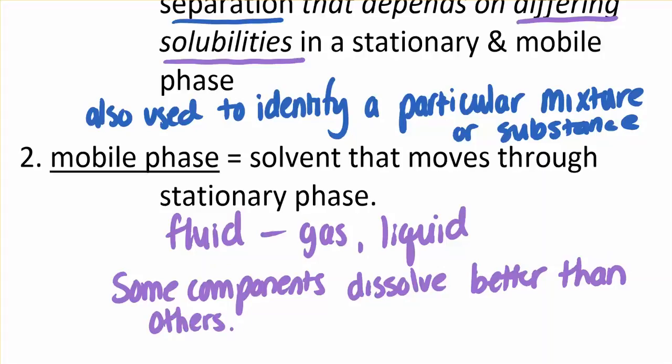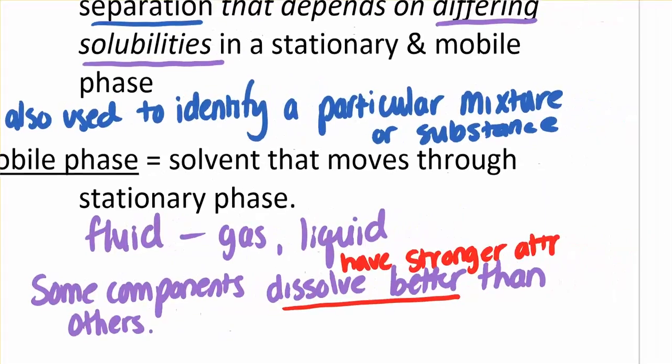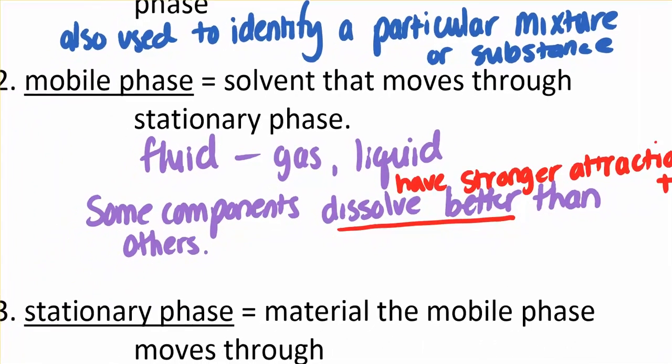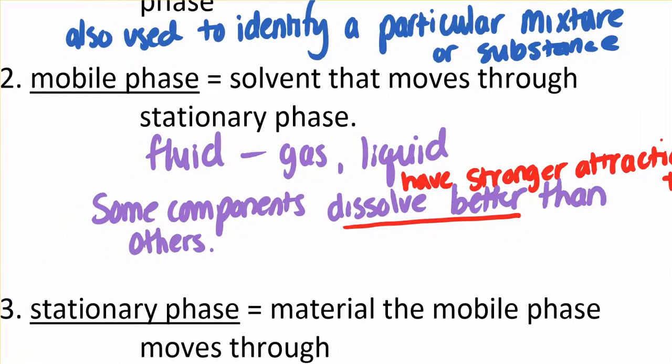And when we say dissolve better, what we're really saying is have stronger attractions to. Okay, anyway, so it's always a fluid. It flows through the stationary phase.